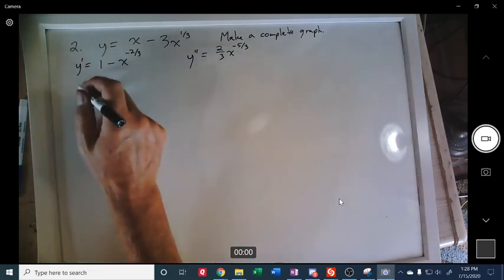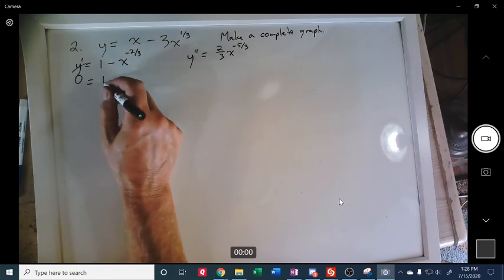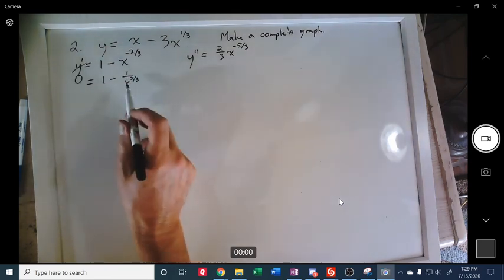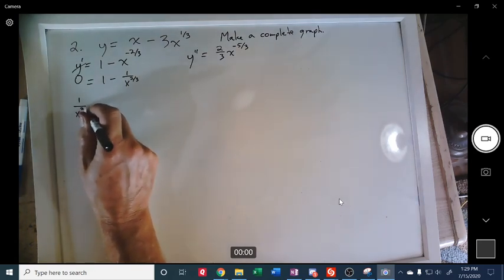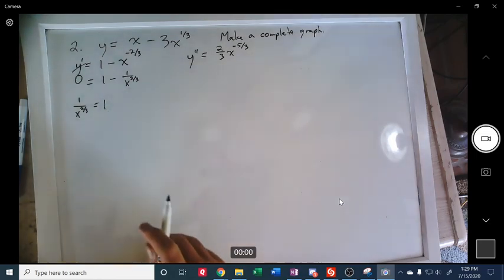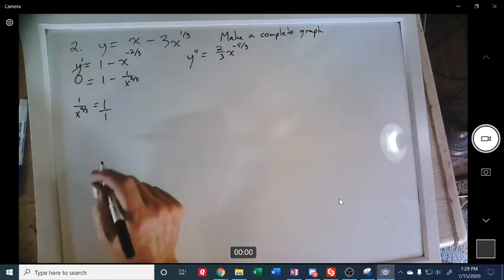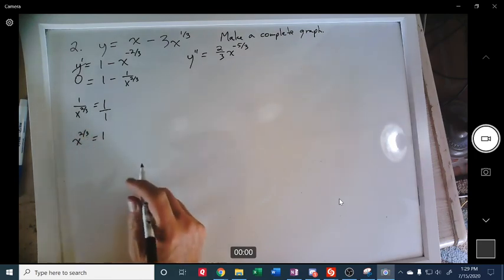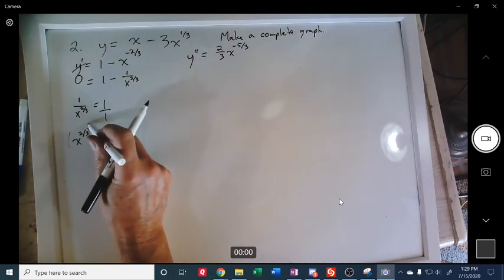Okay, when I set this to 0, and I add this to both sides, then I cross multiply, then I raise both sides to the 3/2 power.